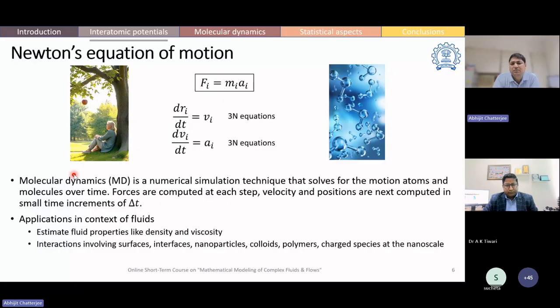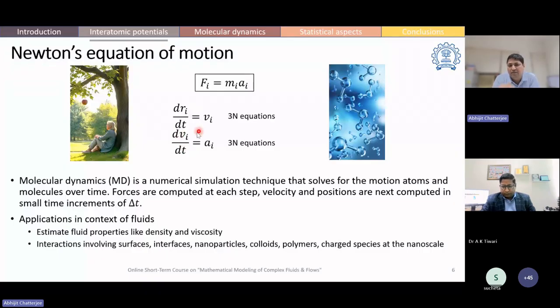So molecular dynamics is a numerical simulation technique that solves for the motion of atoms and molecules over time. The forces are computed at every step because we're going to do some time stepping. So we're going to have a discrete time step delta t, which will be used to numerically solve these equations.